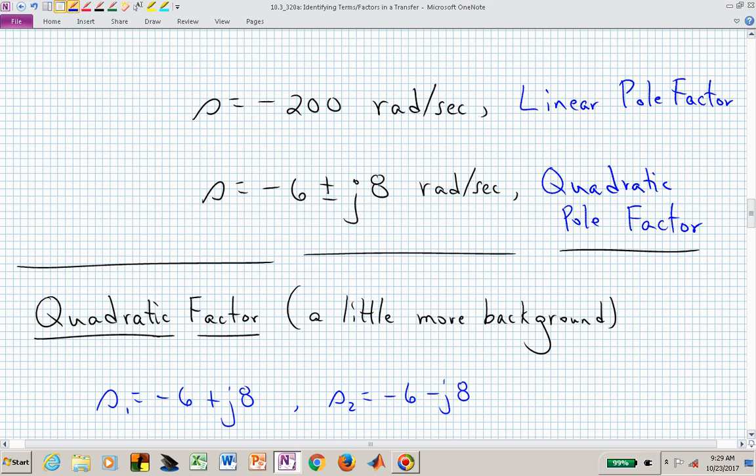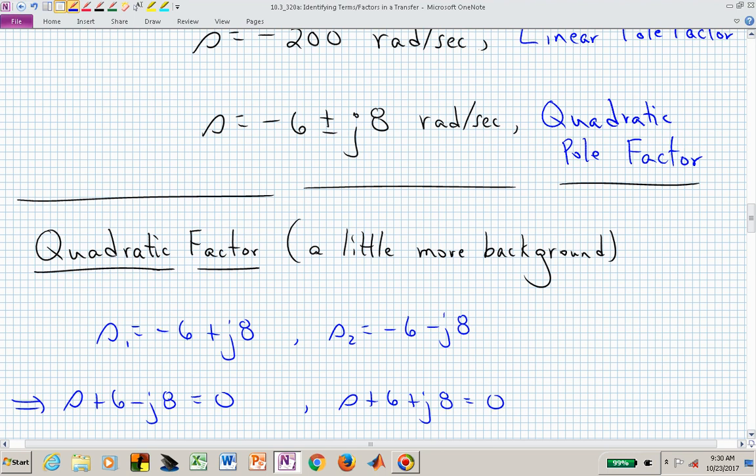And we have its twin, or its conjugate, or its cousin, however we want to refer to it. It's in the third quadrant of the complex s-plane. Now we just change the sign of the imaginary component, and so that's now sitting at minus 6 minus j8. And I hope you're actually trying to visualize where these are located in the complex plane.